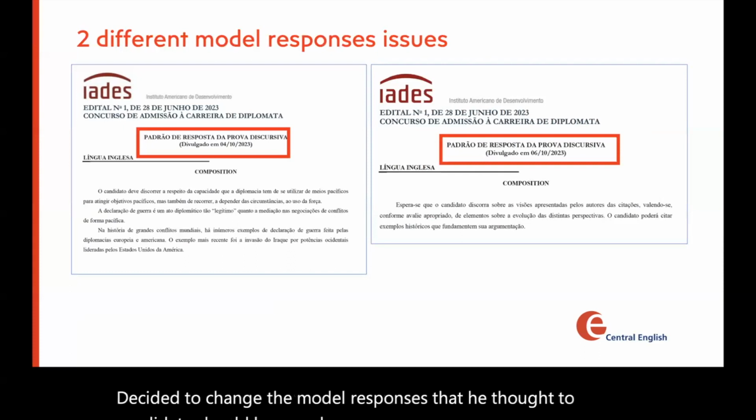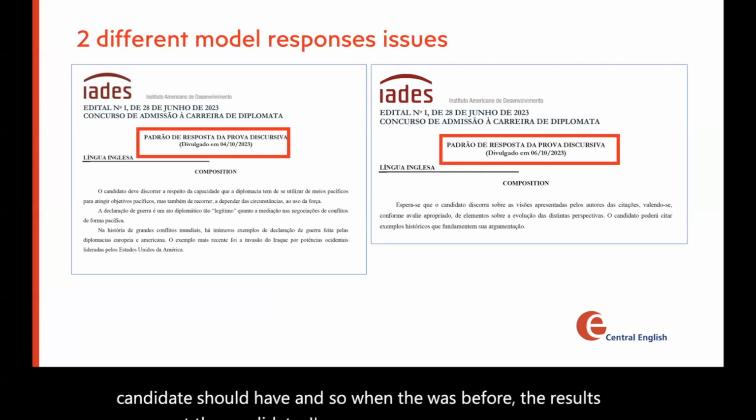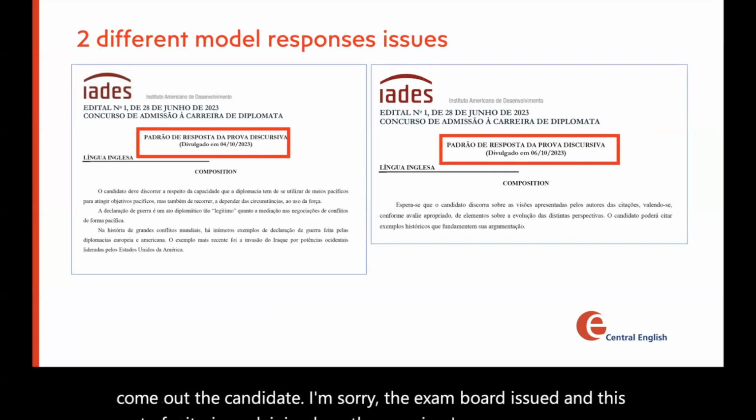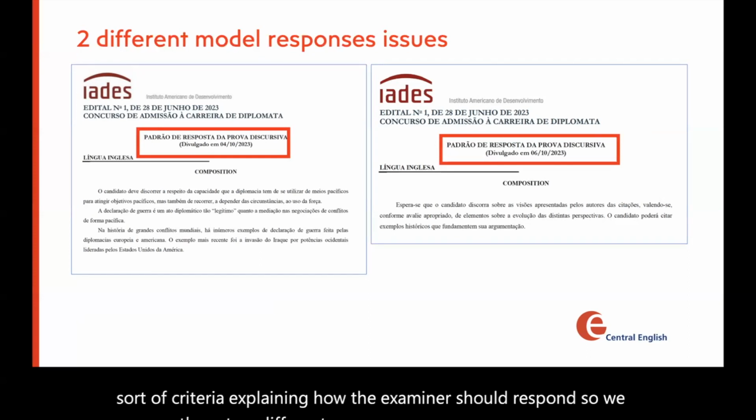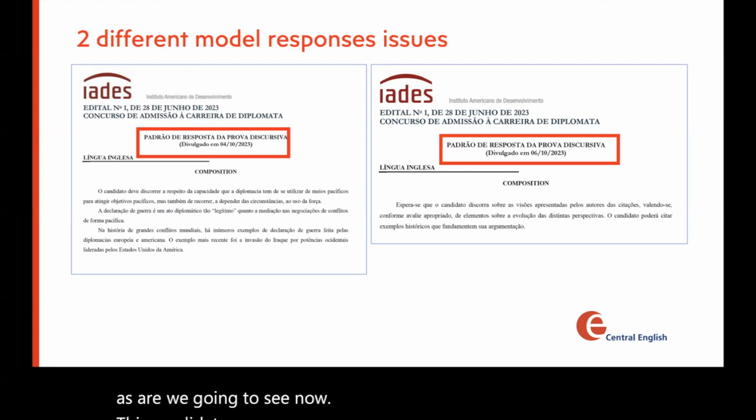So before the results came out, the exam board issued this sort of criteria explaining how the examiner should respond. So we can use these two different pieces of information to compare with this candidate's response.